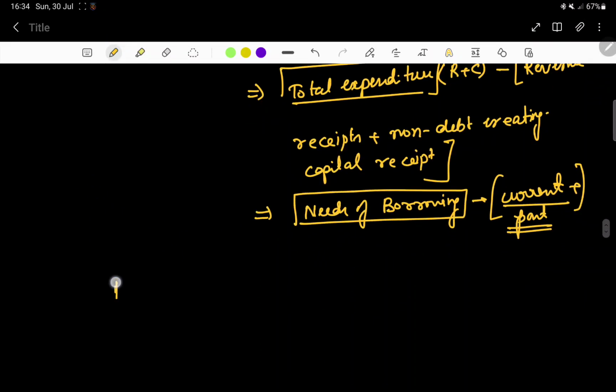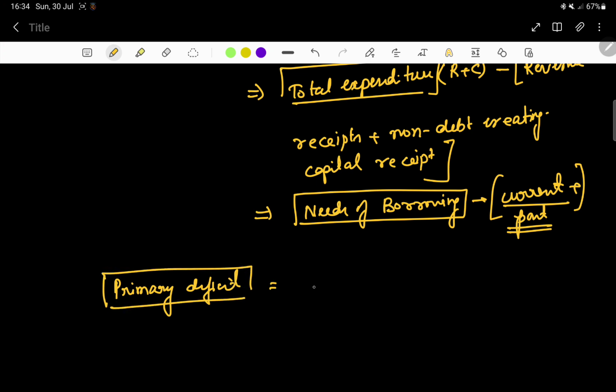Now if you want to look into what is primary deficit, primary deficit is equal to fiscal deficit minus the liabilities from the previous budget.